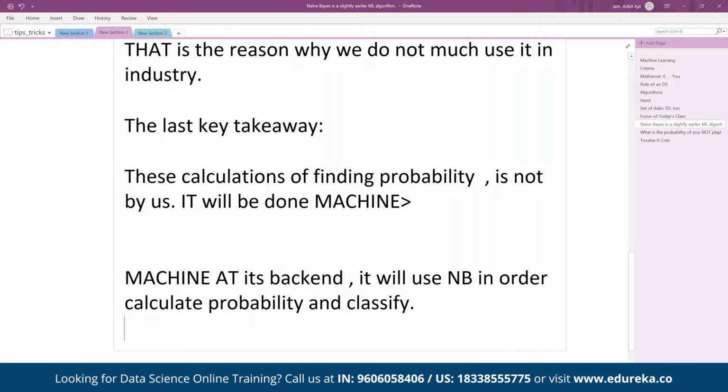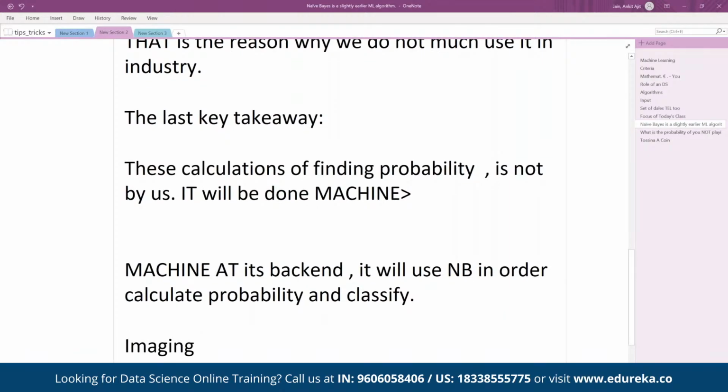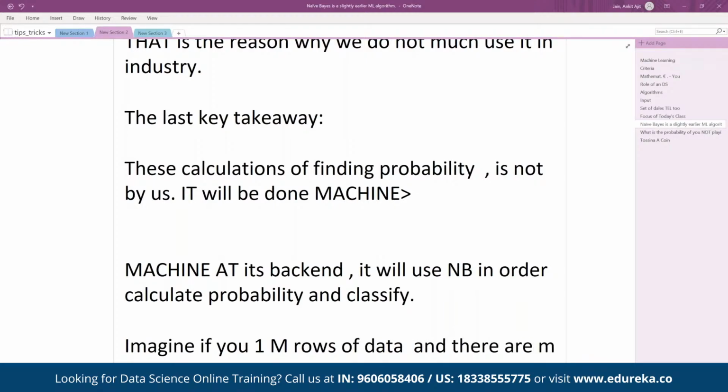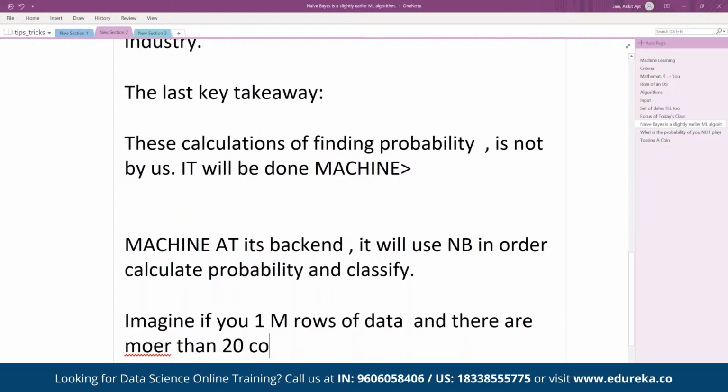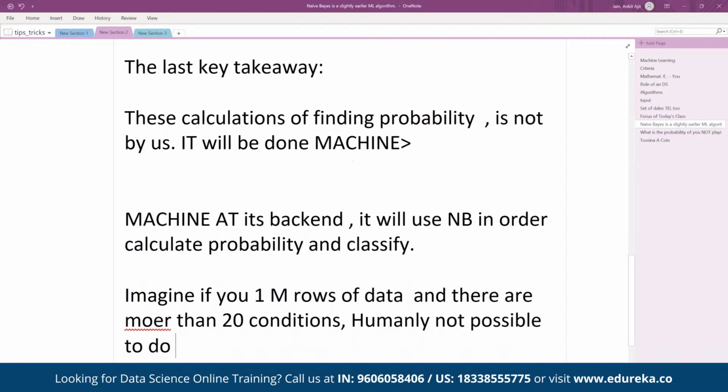Now just imagine if you have 1 million rows of data, and here we had only 2 conditions, sunny and windy. Suppose there are more than 20 conditions. It is humanly not possible to do the calculations.